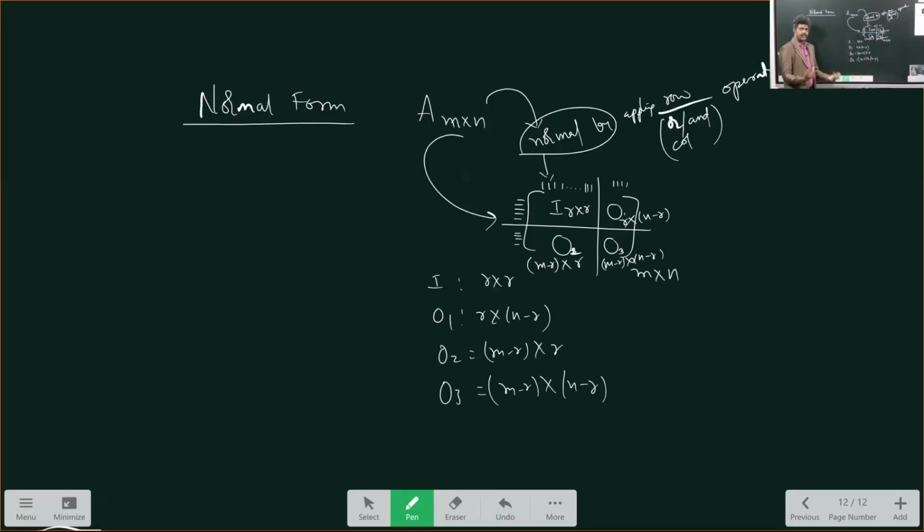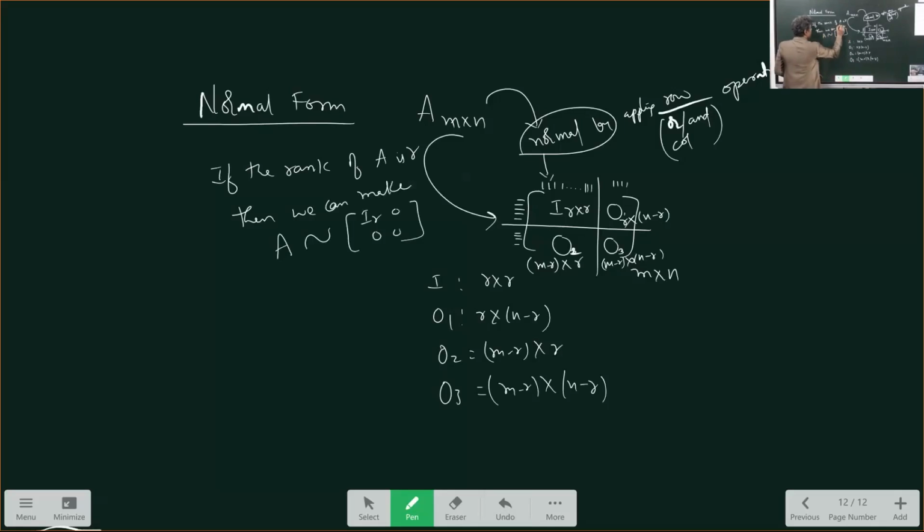And if you are not able to make some of the elements zeros, or some of the elements are not in the identity formation: if the rank of A is r, then we can make A similar to I_r, 0, 0, 0.